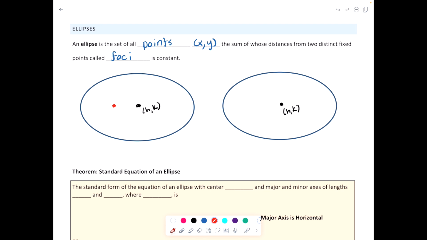It's fairly elongated, so it might even be a little further. The more elongated the ellipse, the further away from the center the foci are.